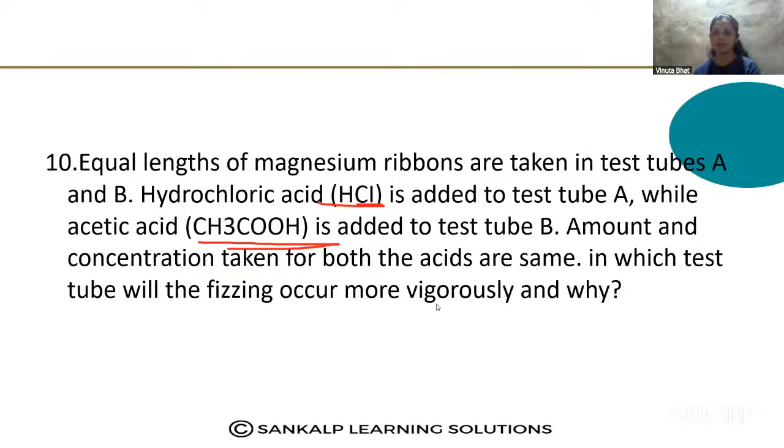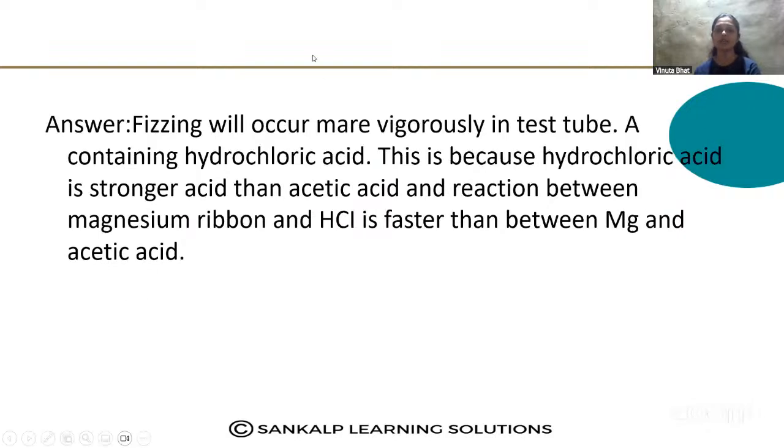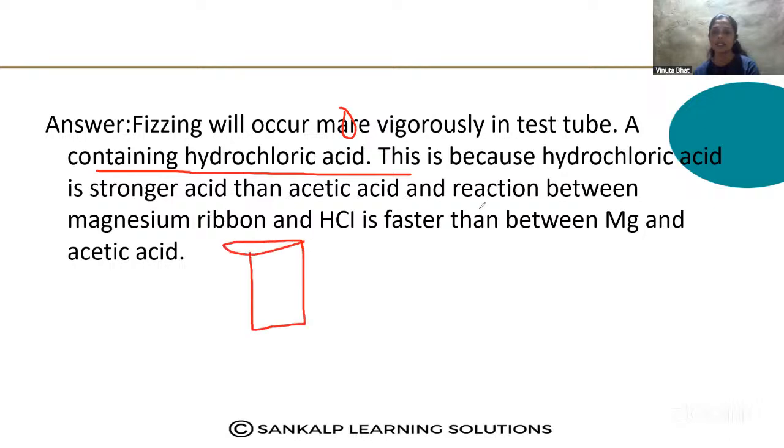Here, the fizzing will occur more vigorously in test tube A. So why in test tube A? Because test tube A contains the hydrochloric acid, and hydrochloric acid is a strong acid compared to the acetic acid.